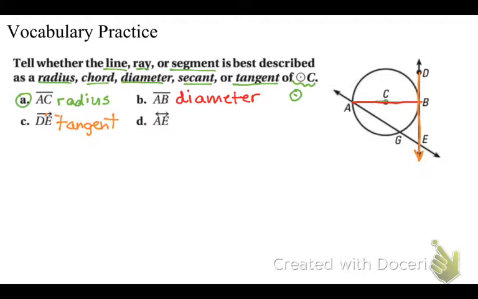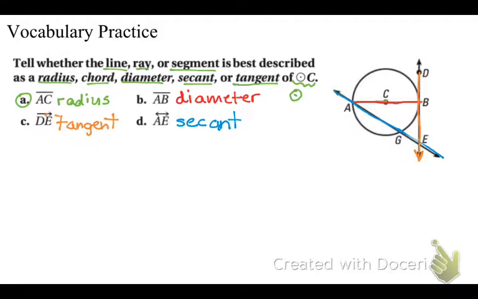And then our line AE, it touches the circle in 2 points, but it keeps going on either end. So this is going to be a secant.